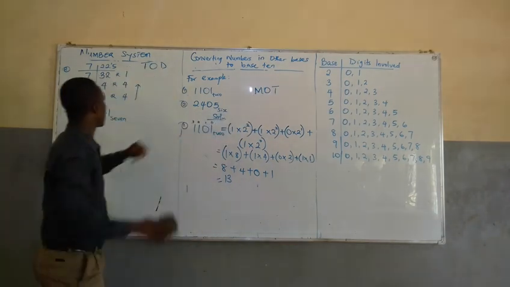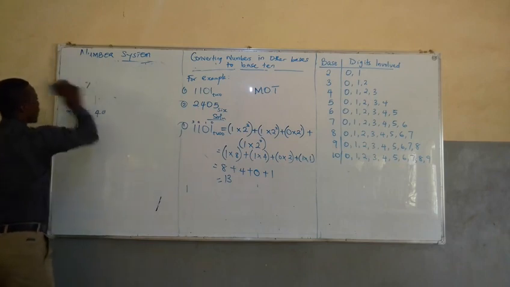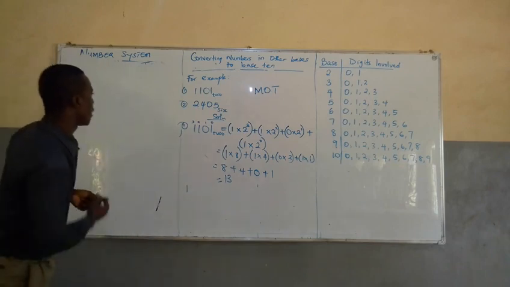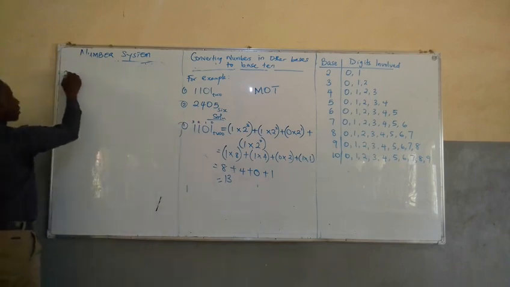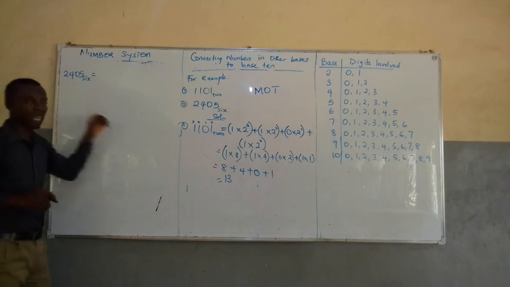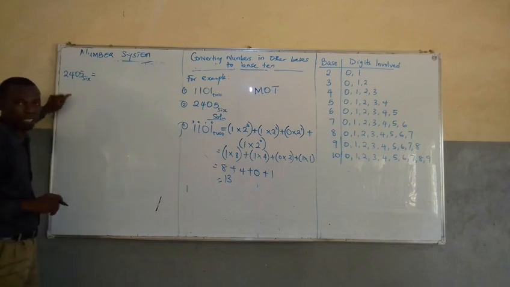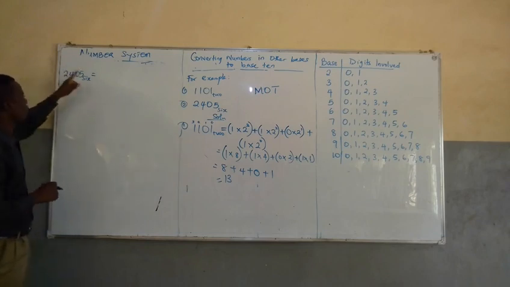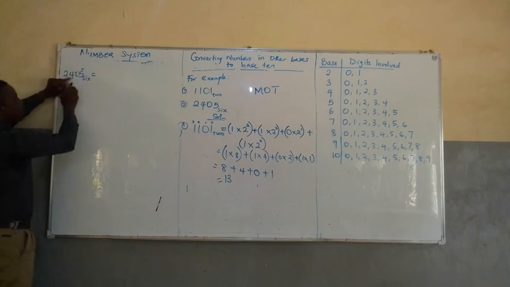So I'm going to also look at the other example that I gave, which is in base 6. Just like what I did earlier on, I'm going to assign numbers to the power starting from here. Here will be power 0, 1, 2, and 3.